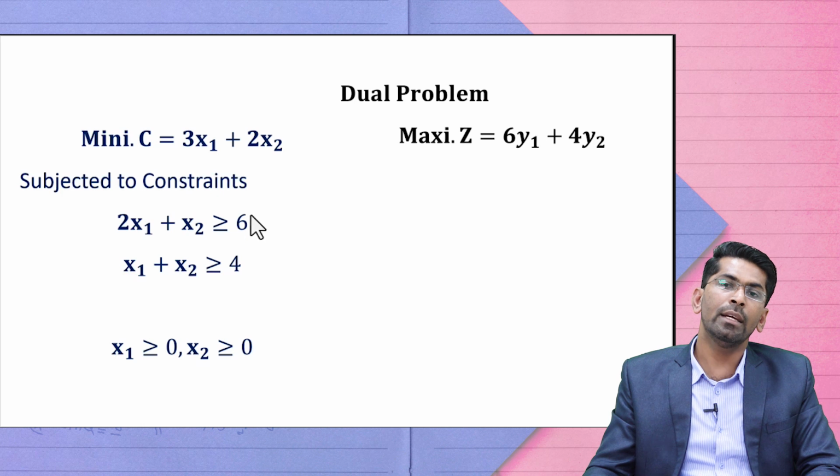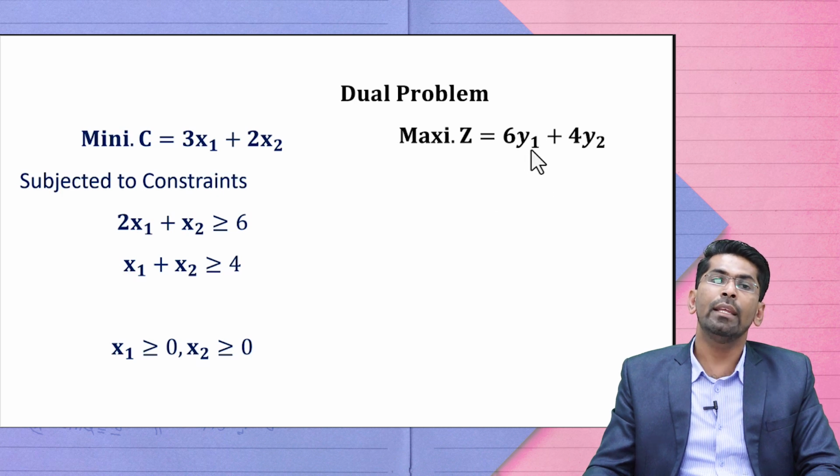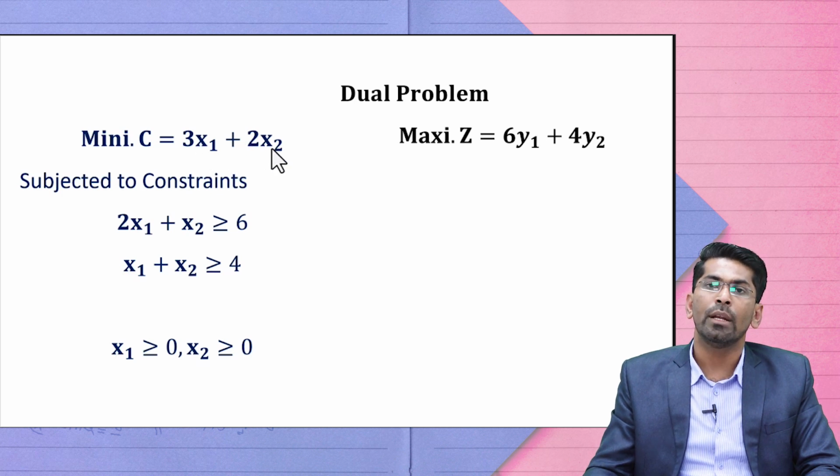That means the column vector of the constants, 6 and 4, will become the coefficients for our objective function. In the primal problem, our decision variables were x1 and x2. Now we are going to replace x1 and x2 by y1 and y2.